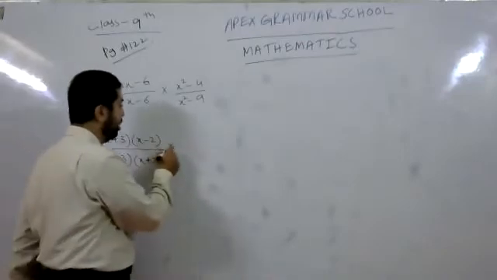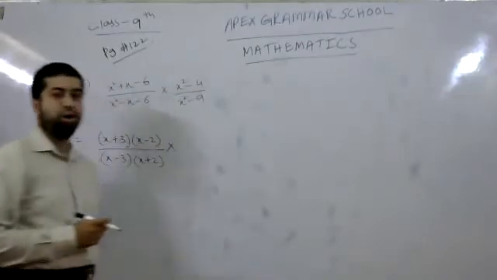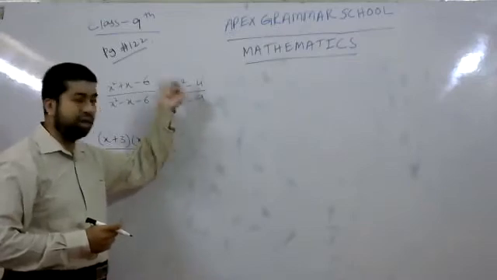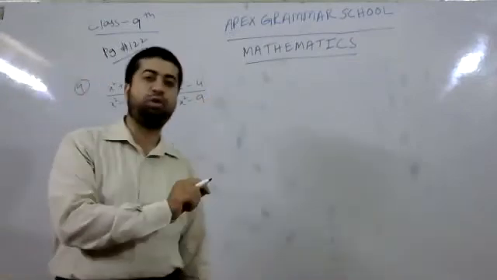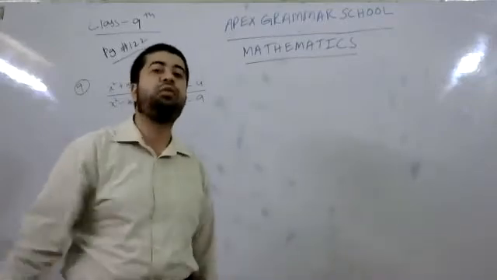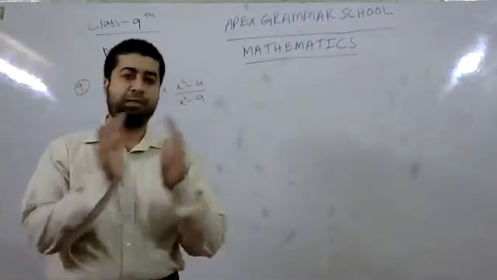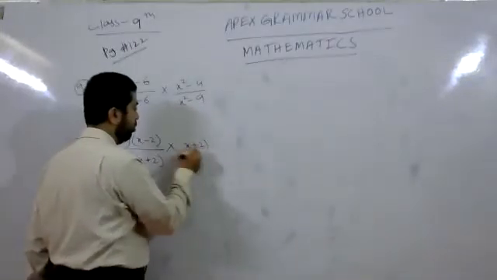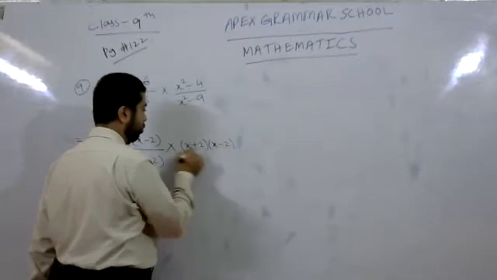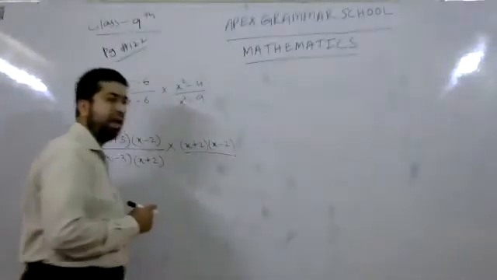After that, multiply x square minus 4. You know that we have already done its factorization in the previous question, x square minus 4, that is x square minus 2 square. That is a square minus b square form, which will be equal to a plus b into a minus b. So we can write it as x plus 2 into x minus 2. So this is x square minus 9.